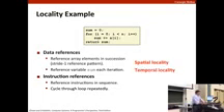Now, what about instructions? In each loop iteration we're executing a sequence of instructions. What kind of locality is that? Within each loop iteration, that's spatial, right? Because we're just executing a sequence of instructions. But then we cycle through the loop repeatedly.